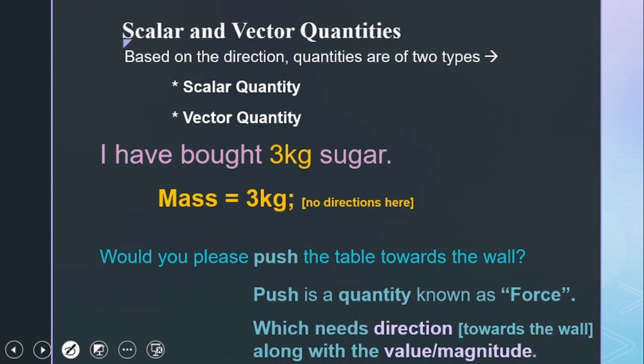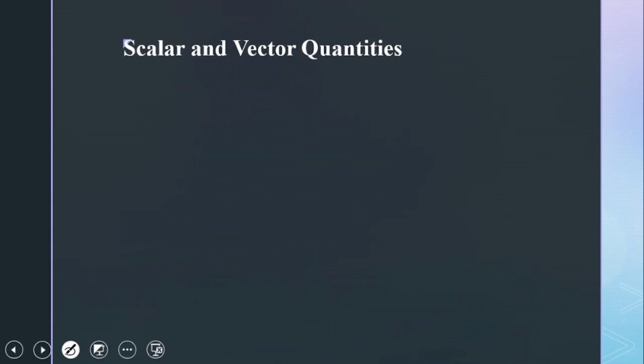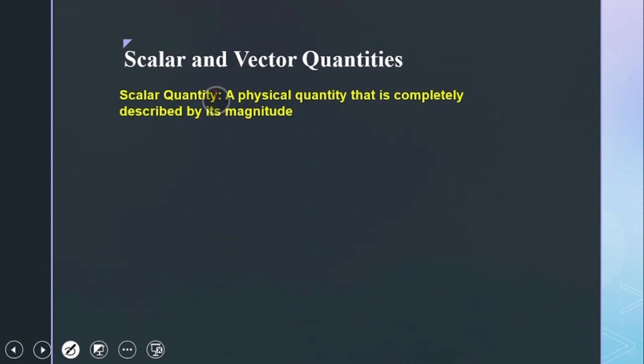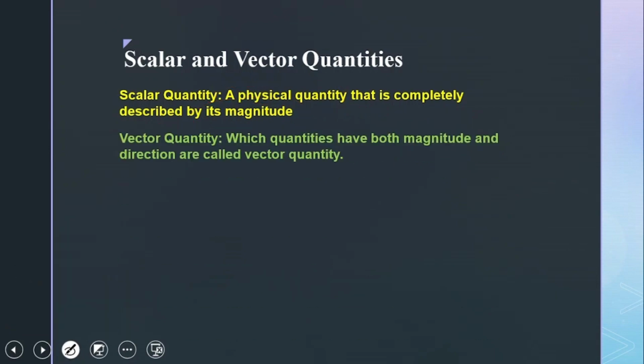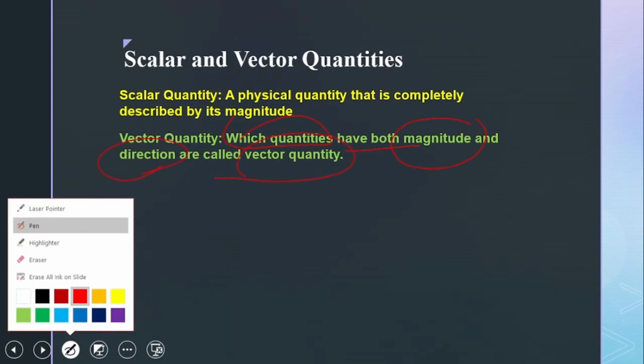So we can say that a scalar quantity is a physical quantity that is completely described by its magnitude, not the direction, right? Then what is a vector quantity? Quantities which have both magnitude and direction are called vector quantities, right?